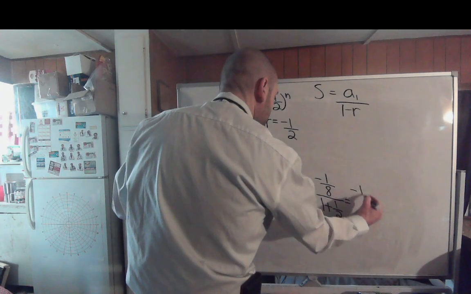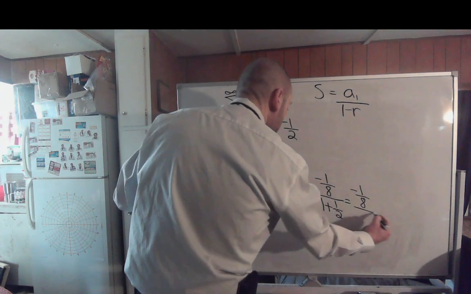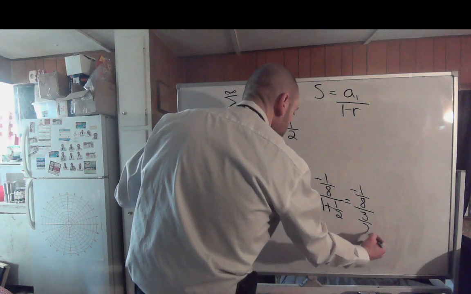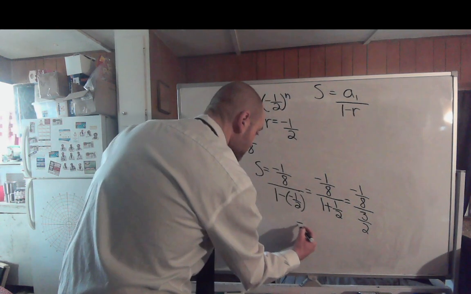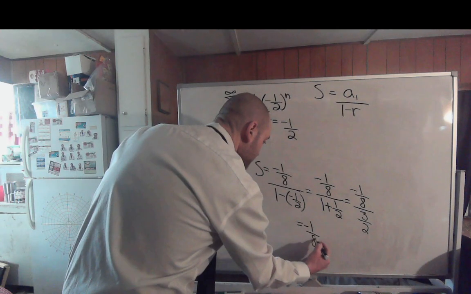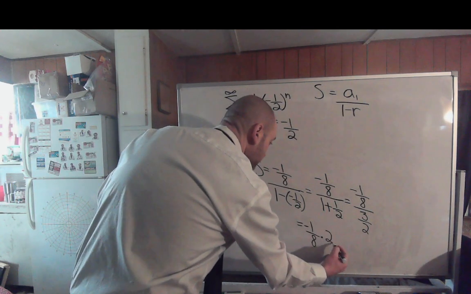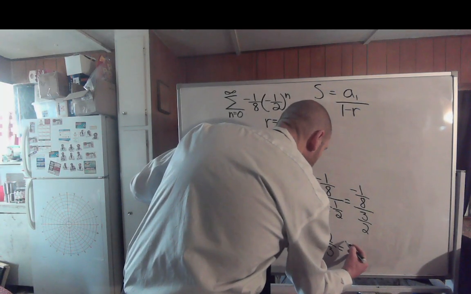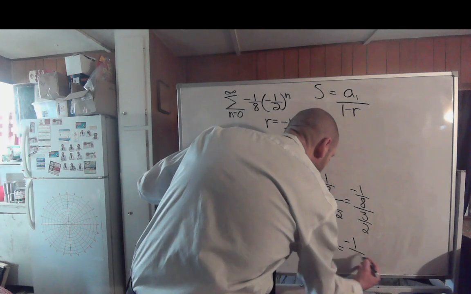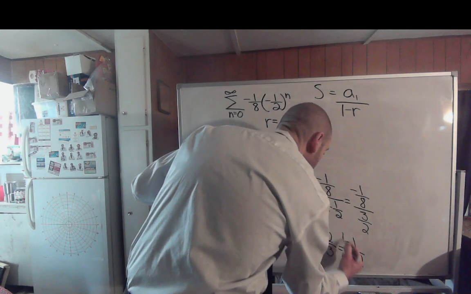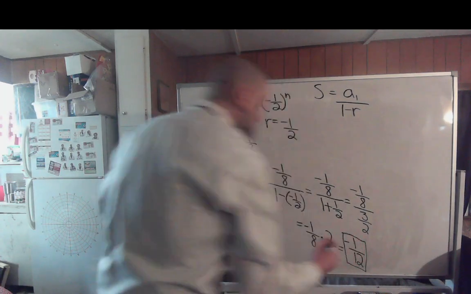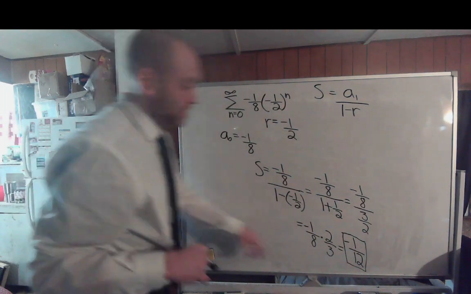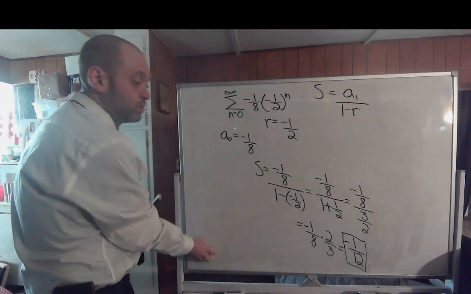So that would equal -1/8 all over 3/2, which would equal -1/8 times 2 over 3, which would equal -1/12. So this series will converge into an answer of -1/12.